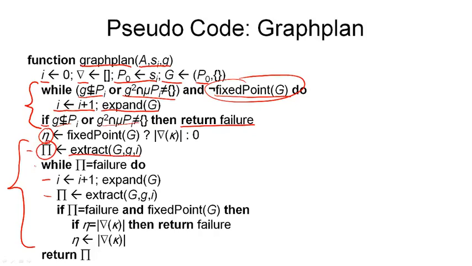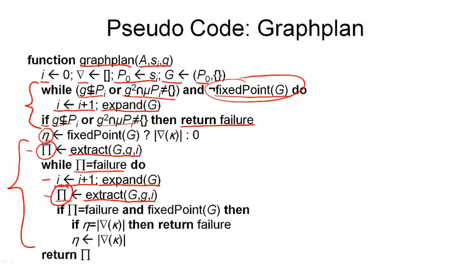And we do this here, store this in our variable big pi. And if this was failure, so we can't find the plan in this planning graph, then of course one option is to expand the planning graph with another set of layers. And then again we try to extract a plan from this planning graph that now contains an additional action and proposition layer. And again we store this in our variable big pi.